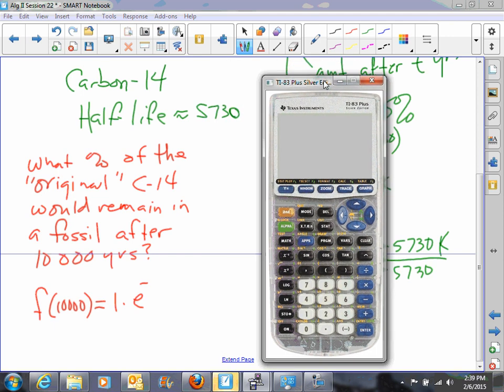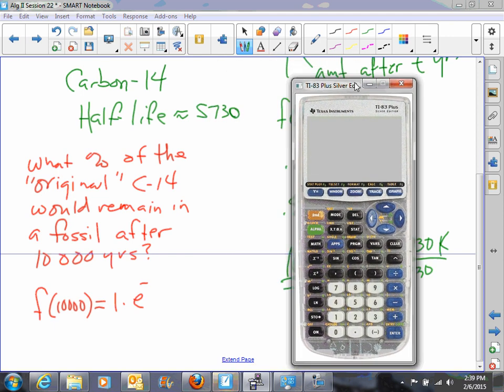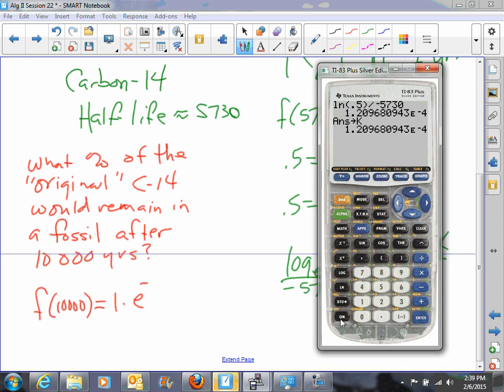Now, k was, let's see what it was. 1.209, 1.21, negative 1.21 t. Notice I'm not going to type in negative 1.21. T is actually 10,000 here. What I'm going to type in is negative k. There's something really nice in the calculator. The second function on the natural log button, to the left of the 4: if you press second and then natural log, you get e raised to it.